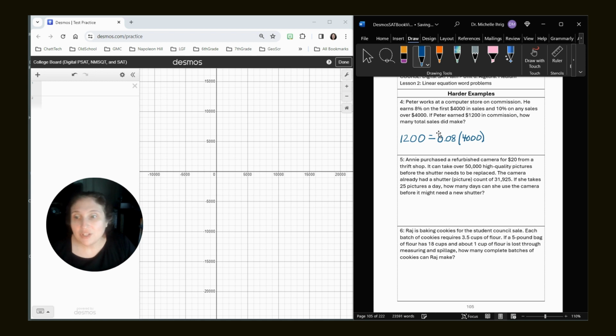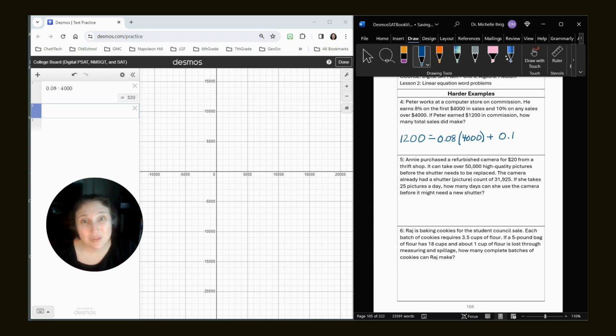And if you double check, we know he had to have done more money because 0.08 times 4,000 means he earned $320. So he definitely earned more than that. Here's the issue. We can't just put 0.1 and then X because if he had $10,000 in sales, it's not 10% of $10,000.